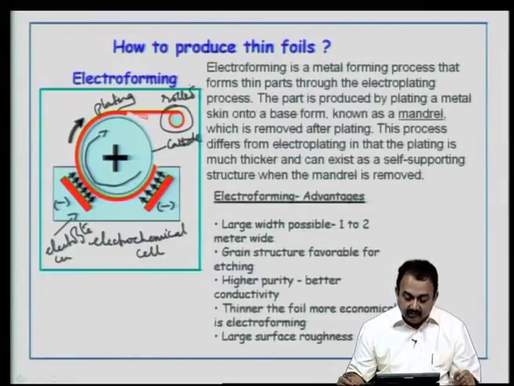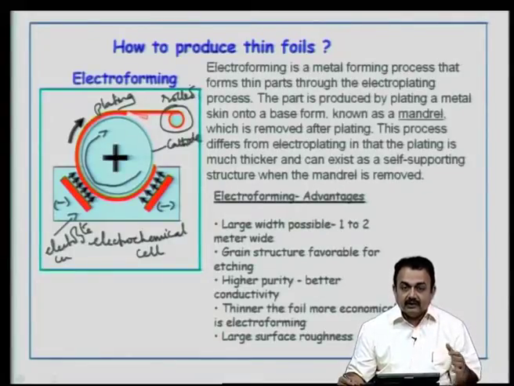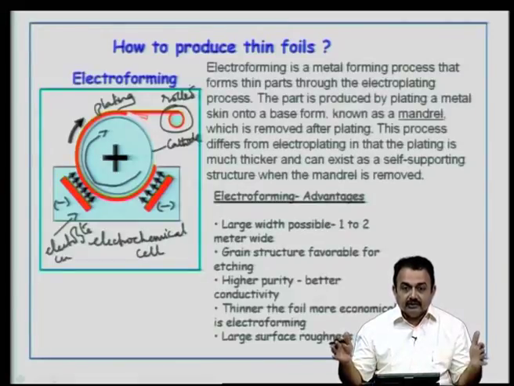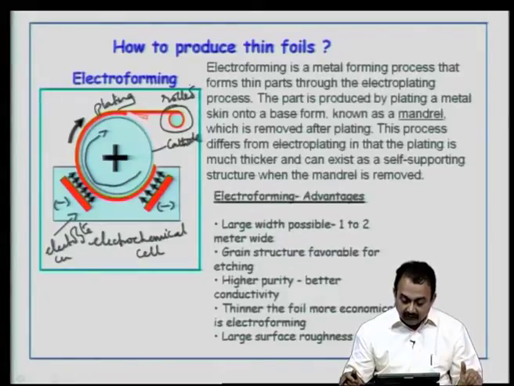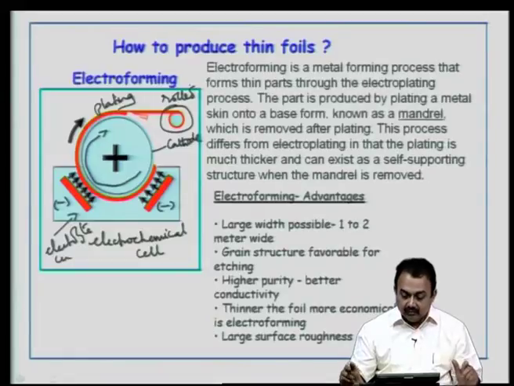Electroforming is a metal forming process that forms thin parts through the electroplating process. The part is produced by plating a metal skin onto a base form. In this case, the base form is the huge cylinder, because we want to produce foils in large dimensions, in large sheets for large volume manufacturing, and this base form is known as a mandrel.